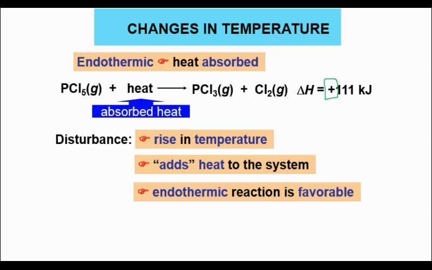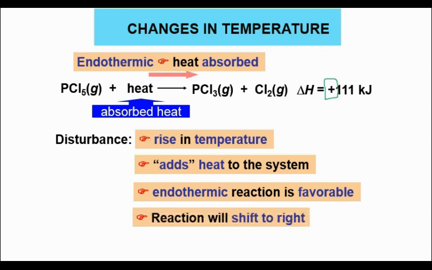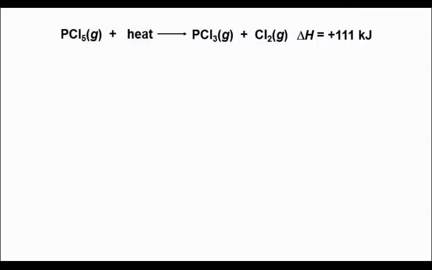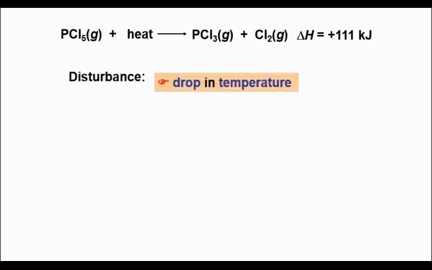Thus, the equilibrium position of the reaction will shift from left to the right, to the forward direction. Next, we are still in endothermic reaction. What will happen when we decrease the temperature in an endothermic reaction?